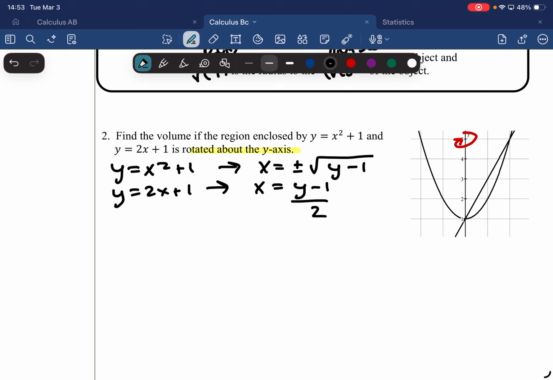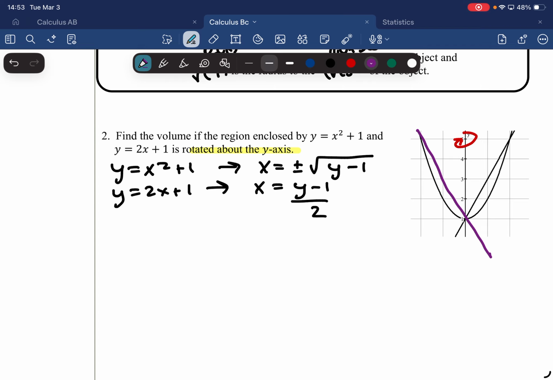Okay, so once I get these in the correct terms, in this case in terms of y, where x is by itself, then I'm going to look at my graph and make sure I draw the mirror images reflected over the y-axis. But notice my quadratic, since it is symmetric, already has a reflection across the y-axis, so I don't need to mirror that one. The only one I do have to mirror is going to be the line.